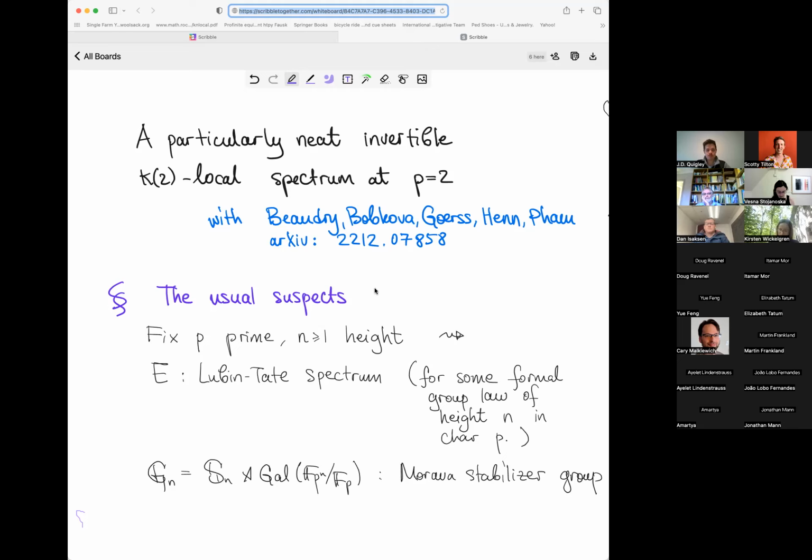So Kn is some Morava K-theory at height n. It can be built out of Lubin-Tate spectra. So sometimes we would write En or E(Γn over k). These Lubin-Tate spectra are attached to the deformation theory of some formal group law Γn over a large enough perfect field of characteristic p.